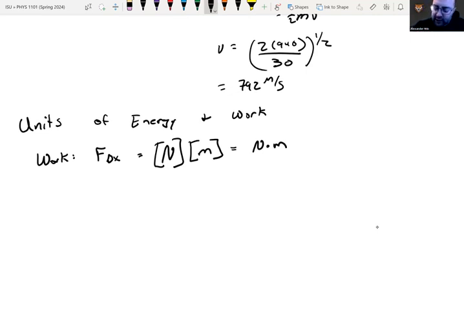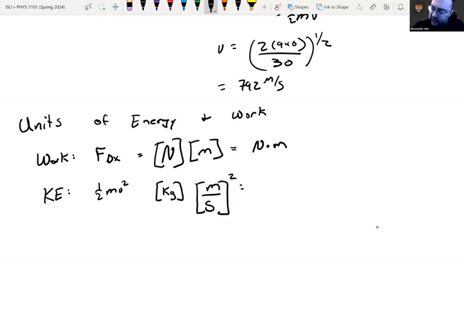Now, when we talk about kinetic energy, this is 1/2 mv squared. The 1/2 doesn't have any units; it's just a constant. But the kilograms would be for the mass, and then the meters per second is squared. So the units would be altogether kilograms meter squared per second squared.